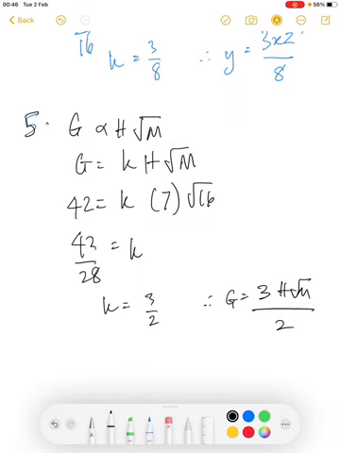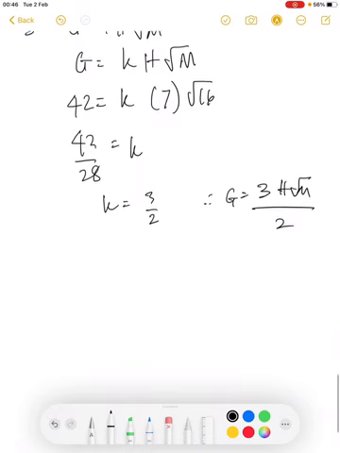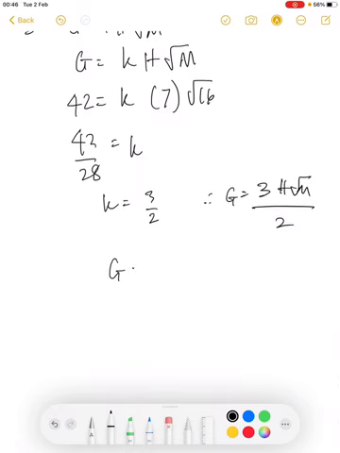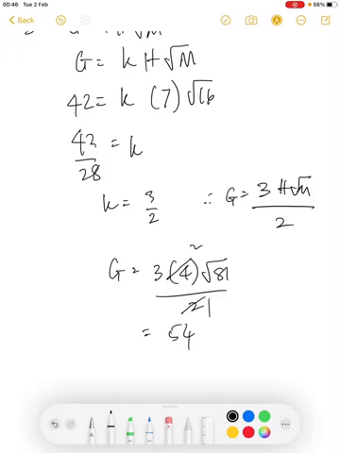Okay, G when H equals to 4. So G equals to 3, 4, 81 over 2, 6, 9, 54.